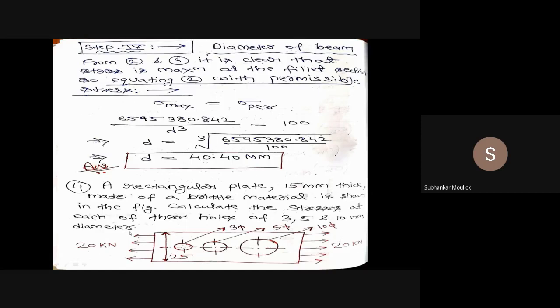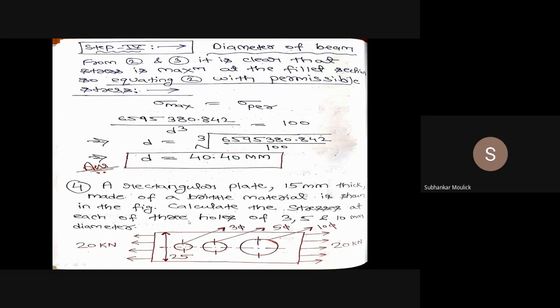That means what is given to you? In the question, a rectangular plate is given to you. That plate is subjected to a tensile load of 20 kilonewton, as a result of which the tensile stress is induced in the entire cross section of the plate.